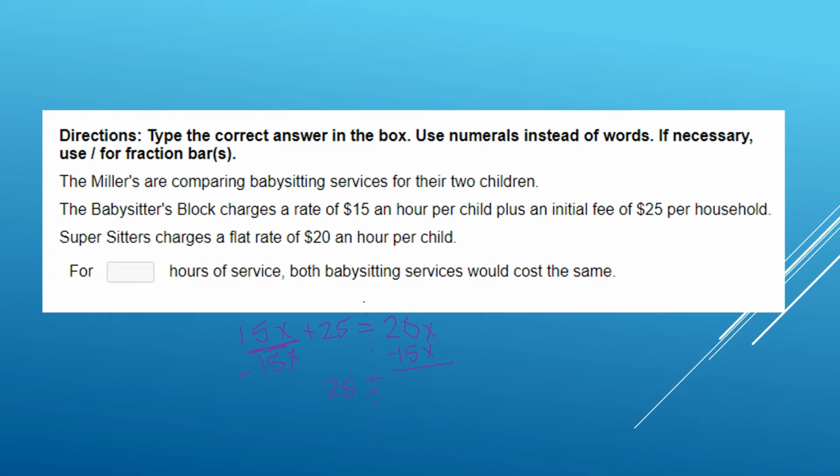So 20 minus 15 gives me 5x. Then I've got 5x equals 25. So to undo the 5 that's multiplied by x, I need to divide it. So 25 divided by 5 is 5. So this tells me for 5 hours of service, both babysitting services would cost the same.